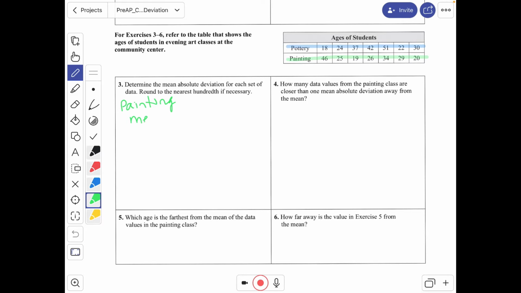So we start by finding the mean, and to find the mean, I need to add all the numbers in the set. So if I add 46 plus 25 plus 19 plus 26 plus 34 plus 29 plus 20, I get 199.